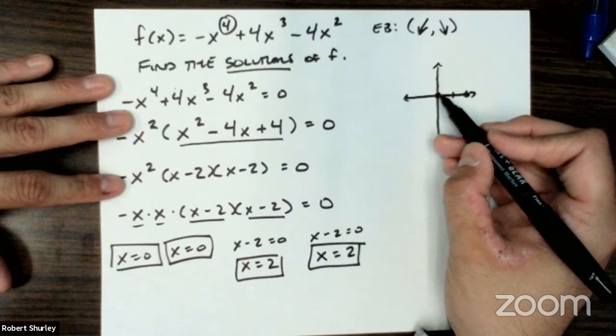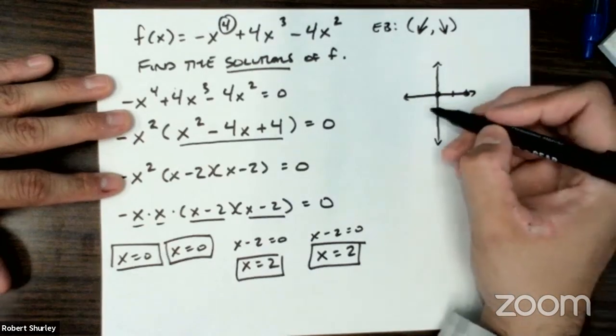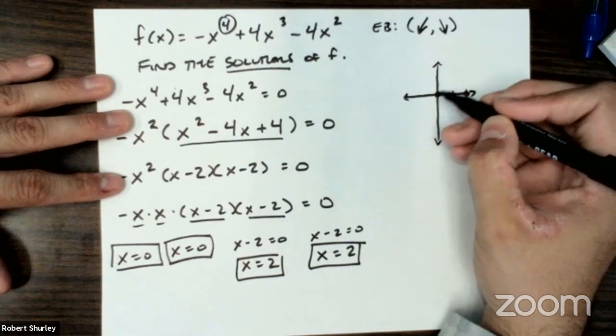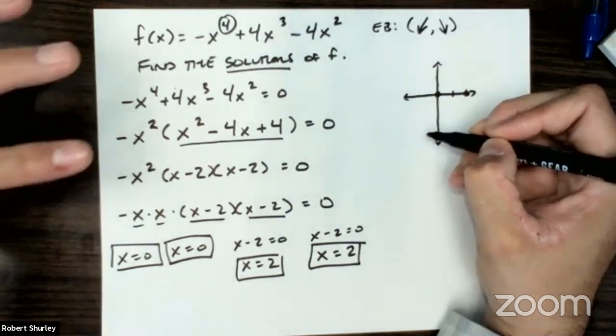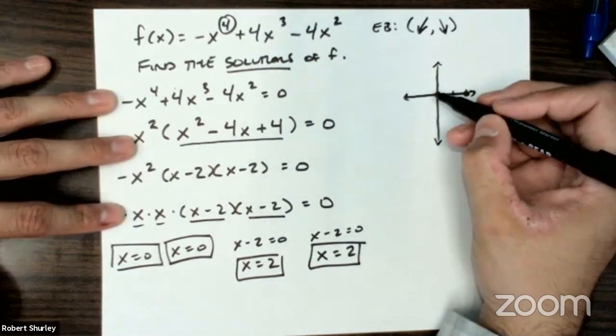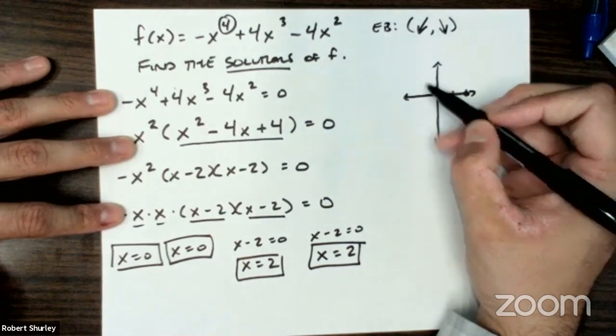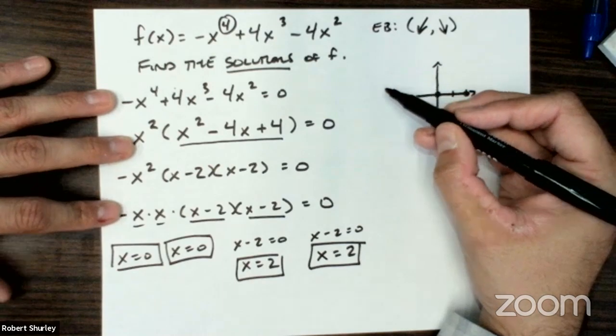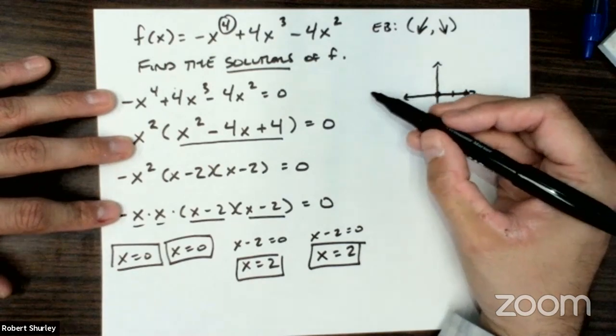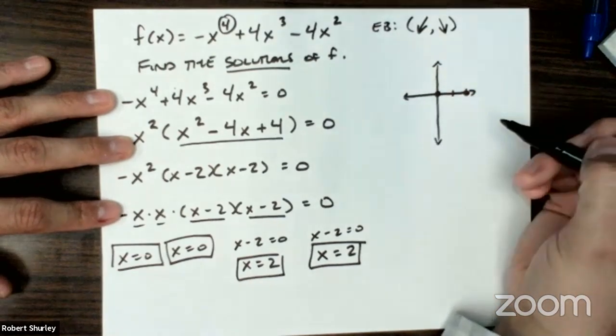I know that from this leftmost 0, we have to go down here, right? Now, I really want you to think about this. If we went up here, eventually we would have to come back down, which would create another x-intercept.